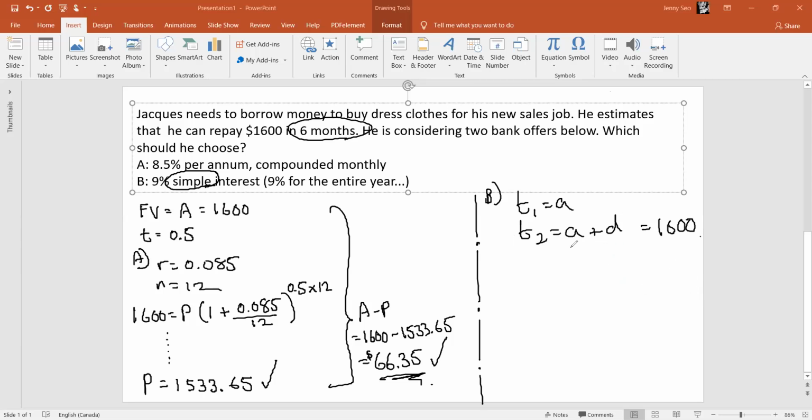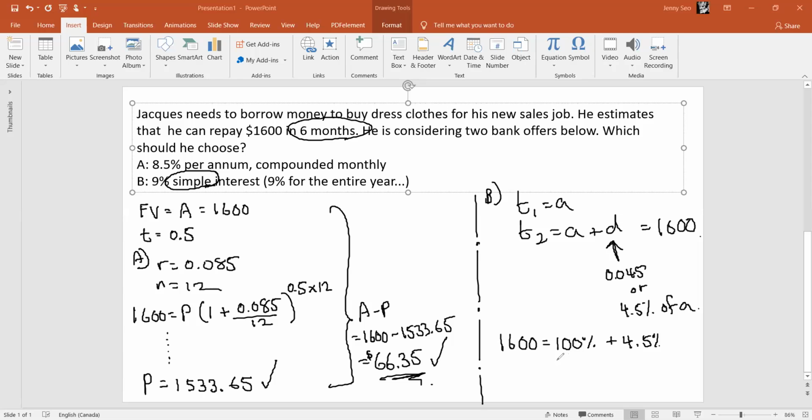Please remember, the A value, whatever I start with, the D value is only for 6 months. So this would be half of 9%, which is 0.045, or 4.5% of A. In other words, 1600 is equal to the original 100% plus an extra 4.5%.